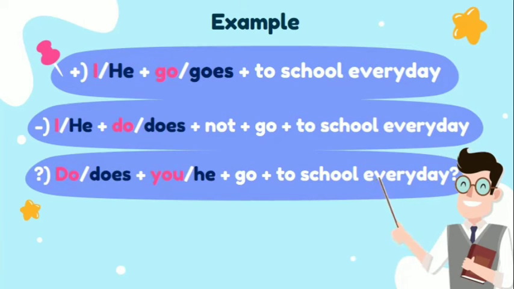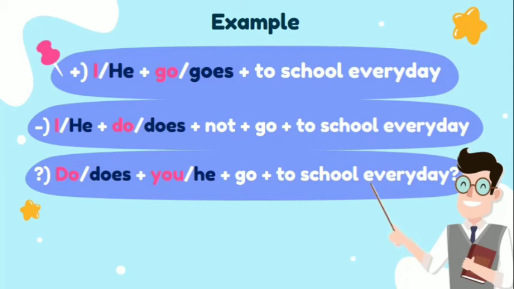In the negative, we add the auxiliary verb in the sentence: I do not go to school every day. And the interrogative, the auxiliary verb is at the beginning of the sentence. So, do you go to school every day?